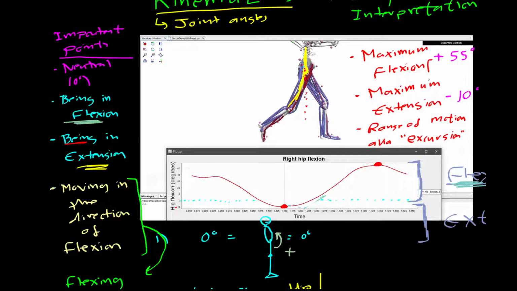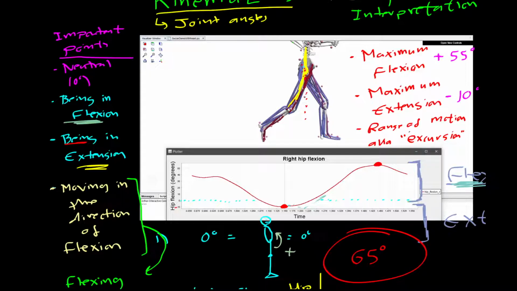It's just the absolute difference between these two. So it's how much of a total range of motion do we need to complete this motion. It's like, what is that height? The max minus the min. So to go from negative 10 to positive 55, we have a total range of motion of what, 65 degrees?